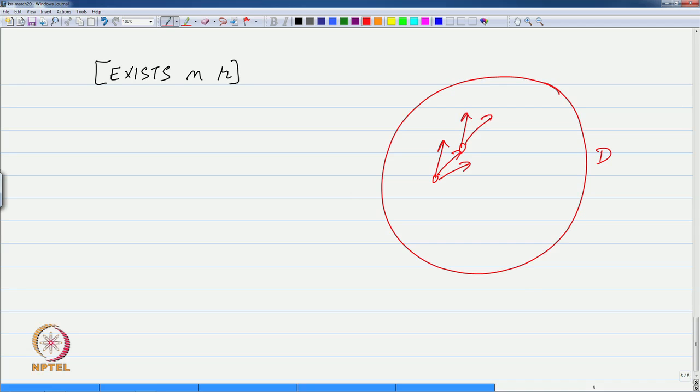So, let us say these arrows point to children and so on. So, there is some role which is defined and there is a domain D essentially.